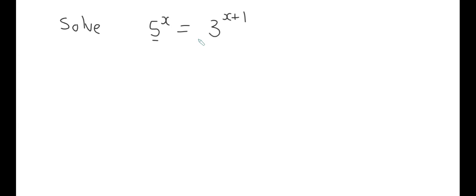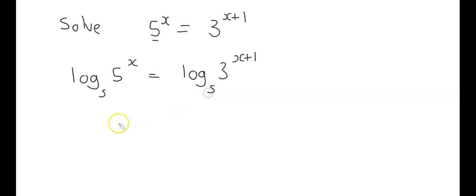So let's take logs to base 5 of both sides, so let's do that. So log of 5 to the x, and that's to base 5, and then that will be equal to log of 3 to the x plus 1 to base 5.